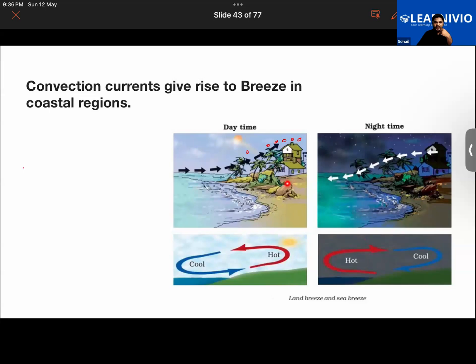So during the day, the air above the land is warmer as compared to the air above the water body. Thereby the air above the land starts to rise. Rising air creates a gap, and that gap is taken up by the cool air that comes from the seaside.